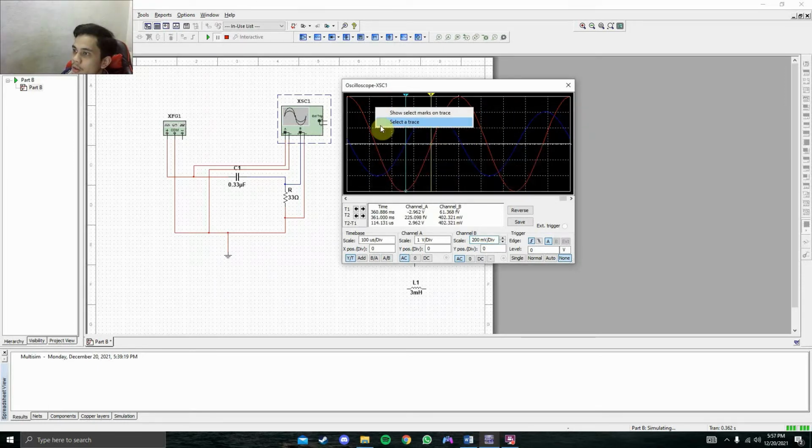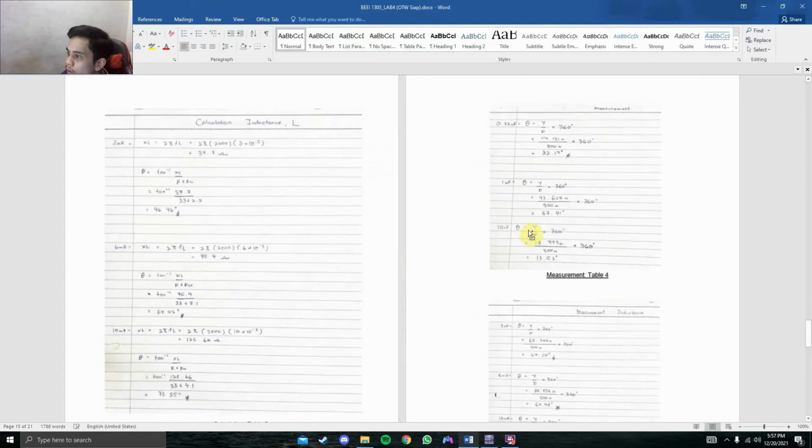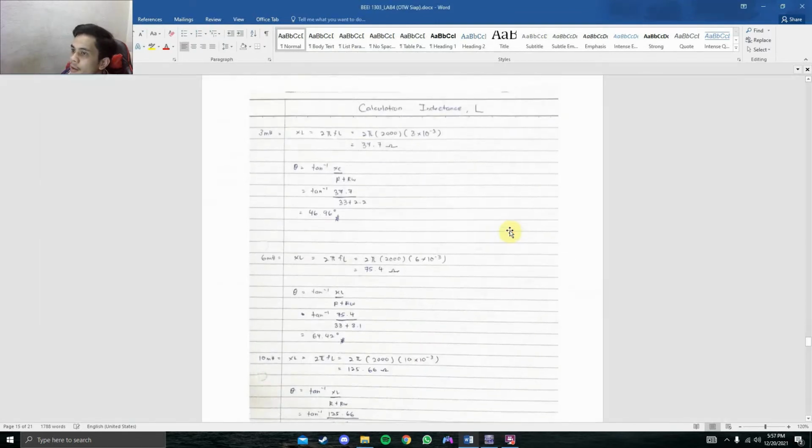So these are the accurate ones to find T2 minus T1. This is Y, the signal difference between the two signals, 114.131 microsecond.